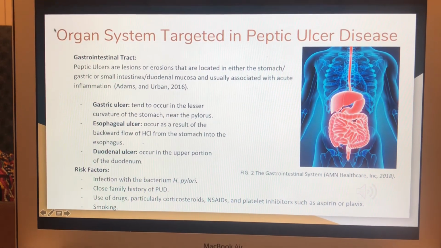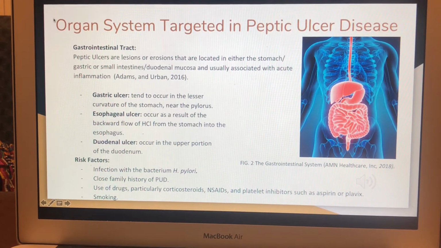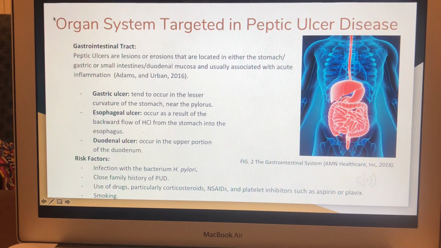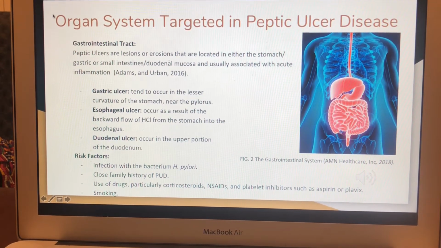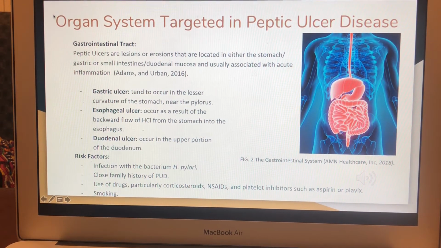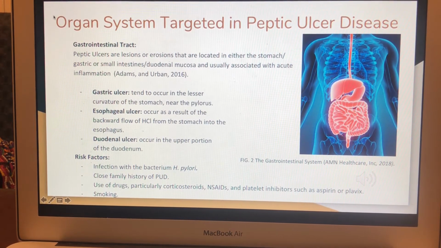Peptic ulcers are lesions or erosions that are located in either the stomach or small intestine and usually associated with acute inflammation. A peptic ulcer is an excavation that forms in the mucosal wall of the stomach, in the pylorus, in the duodenum, or in the esophagus.